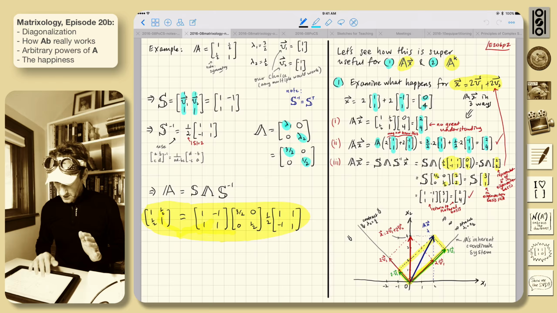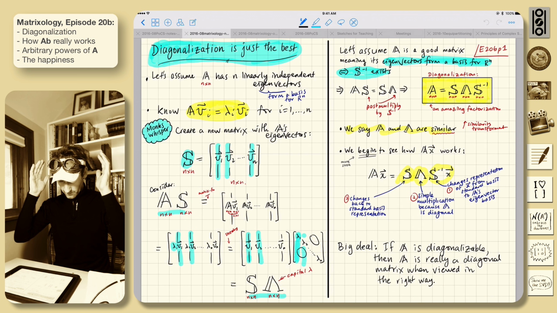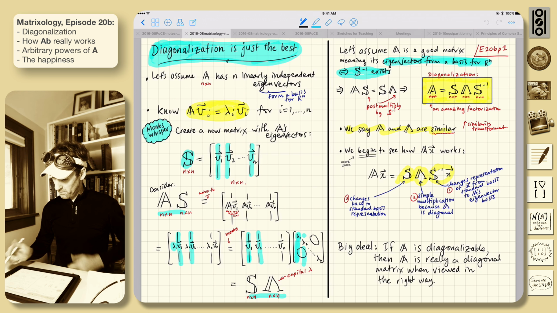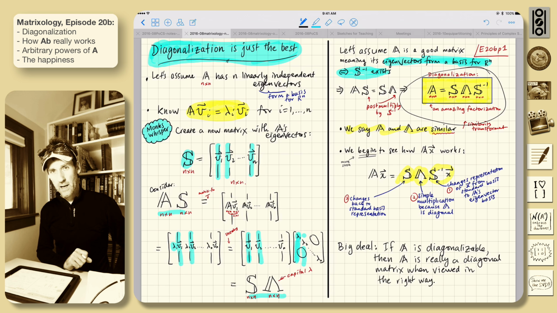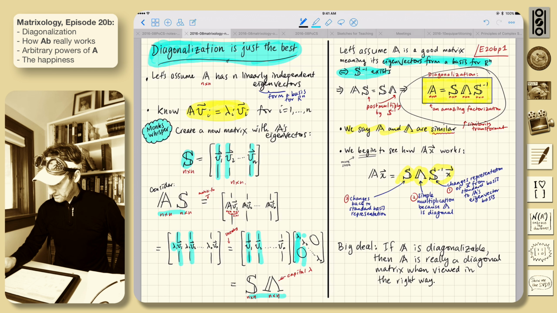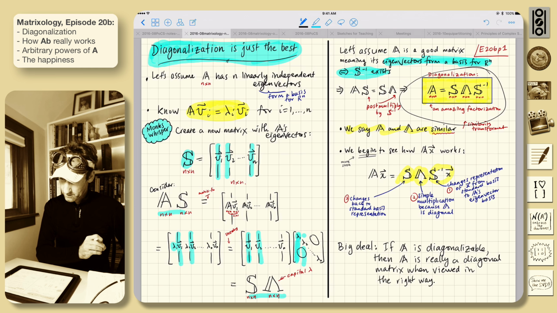But in a nutshell, diagonalization is amazing. The monks suggested this craziness, and it's really all here, right? This fantastic thing. We're going to have more in a couple of episodes from now, but this is pretty amazing. You have to have n linearly independent eigenvectors. We know that is always true if the eigenvalues are distinct.